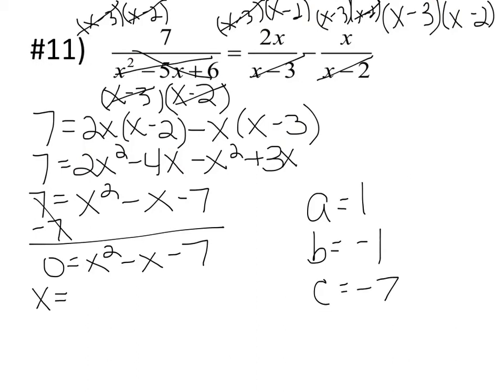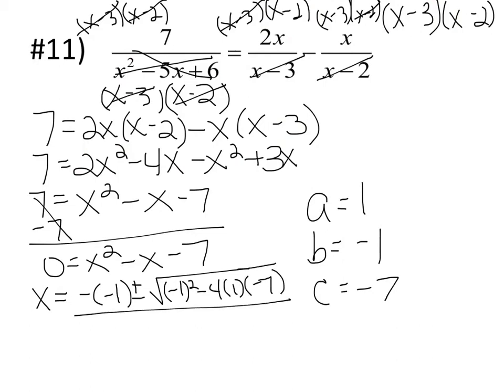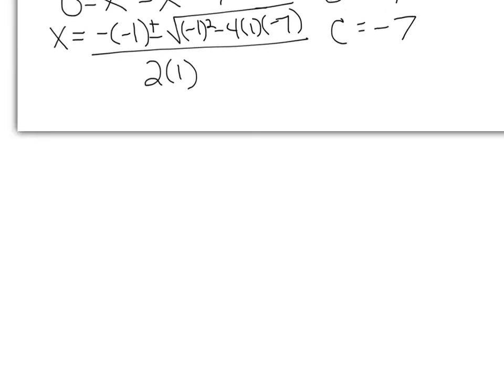So I have x is equal to negative 1 plus or minus the square root of b squared minus 4ac, all over 2a. Okay, we'll go ahead and clean that up. You'll get x equals 1 plus or minus the square root of 1.